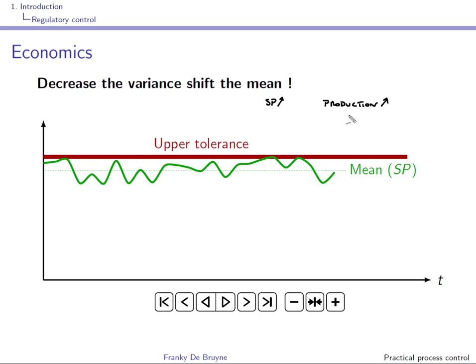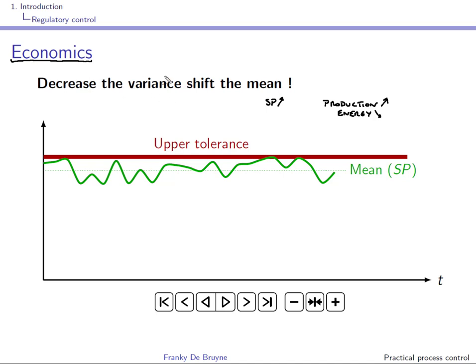Assume that you're controlling the moisture content using the steam pressure. Well, a higher moisture content set point will lead to lower steam pressure set points. So in terms of energy savings, this is clearly also an advantage. So you can see here that this paradigm can be used to improve the economics of the process.